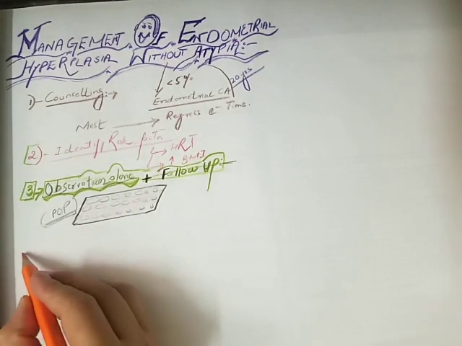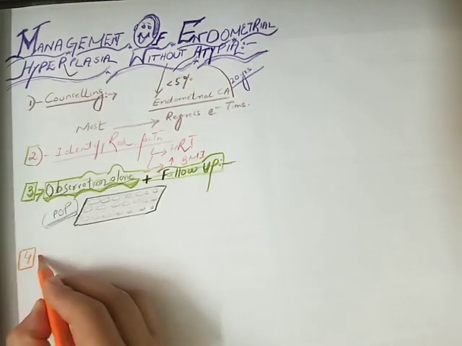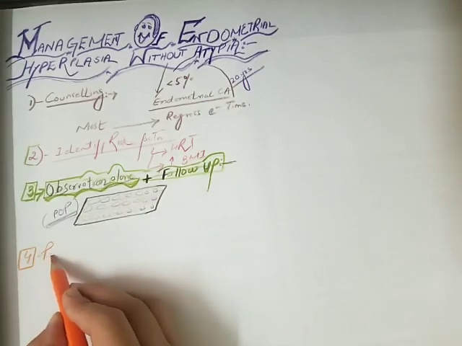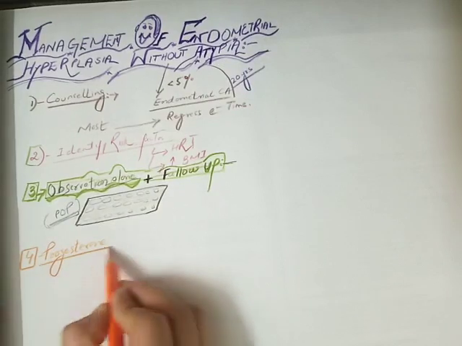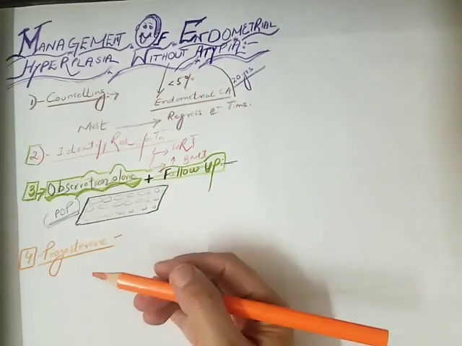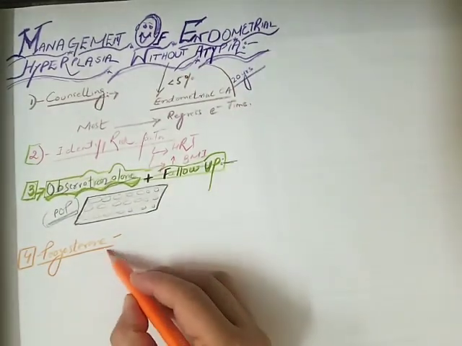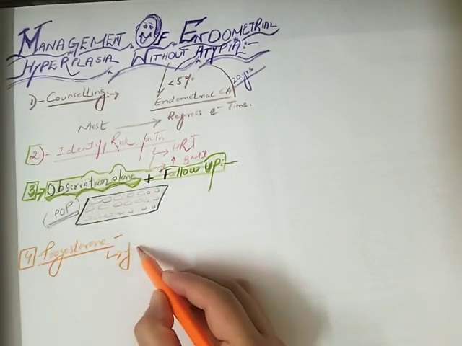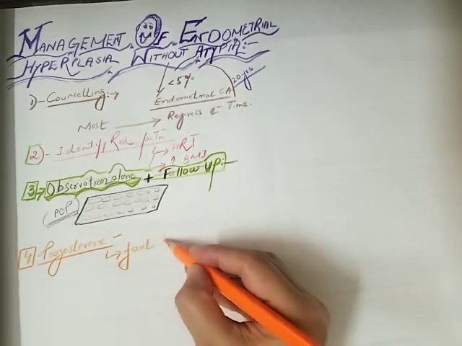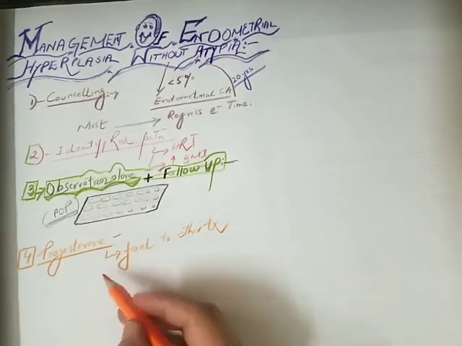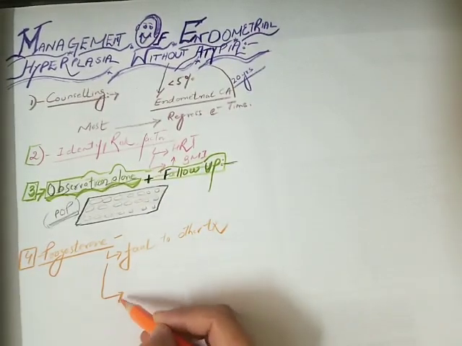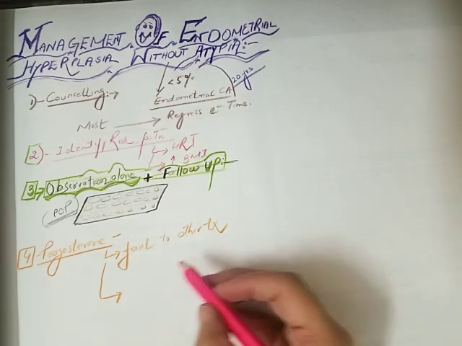Now, in what cases are these progesterone only pills or progesterone treatment considered? It is considered in women, first of all, who fail to respond to other treatment. And secondly, in women who are having abnormal uterine bleeding.